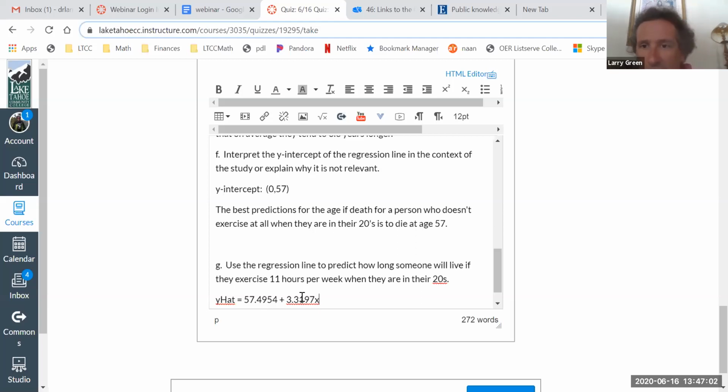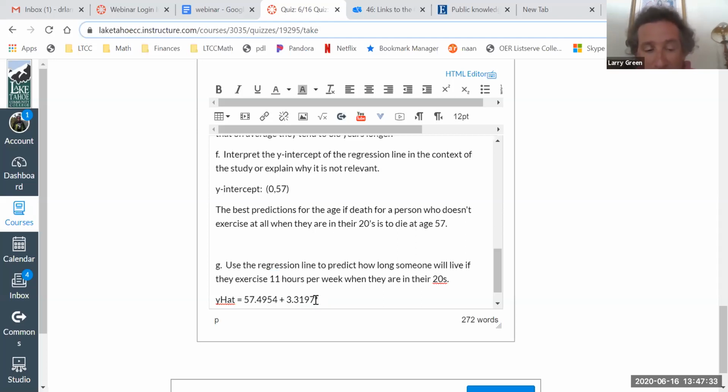Yeah, substitute. And what do we sub for x? Not 20. You've got to be very careful. Yeah, 11. The 20s are just the years that they're doing the testing or the interviewing before they start waiting for people to die. So 11 is what we want to substitute in.